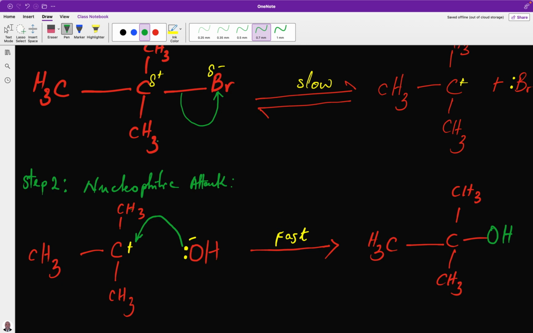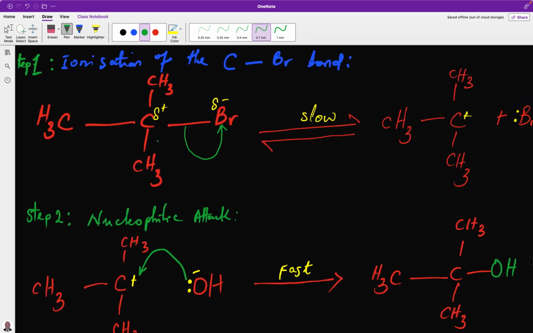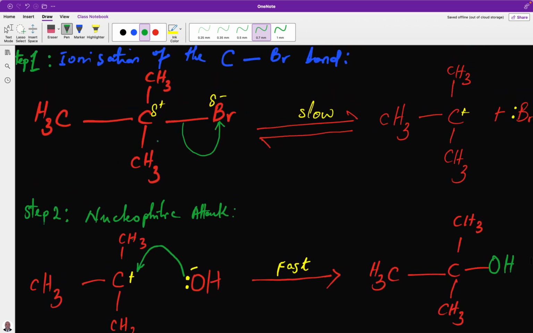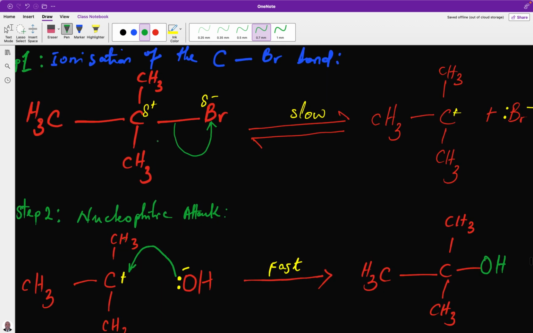The first step, I said, was step number 1, ionization of the carbon-bromine bond. And I said the carbon-bromine bond is polar. For that purpose, bromine draws electrons towards itself. And because of it, this is a slow reaction. The only species really acting here is the bromine.